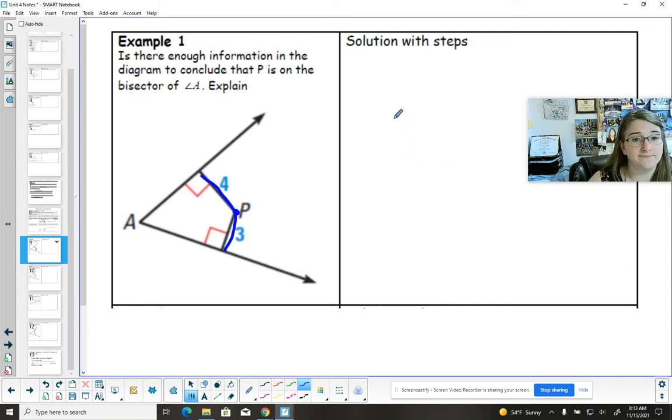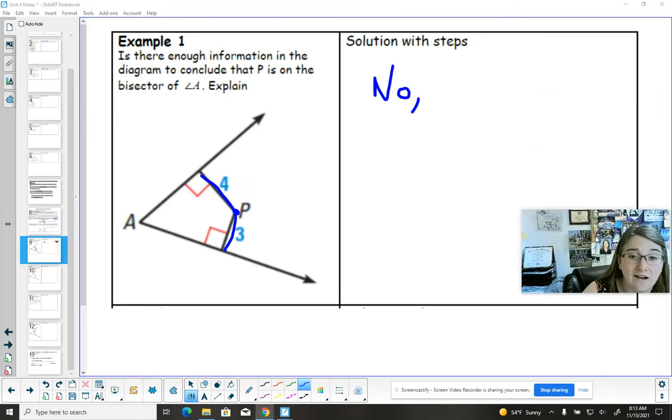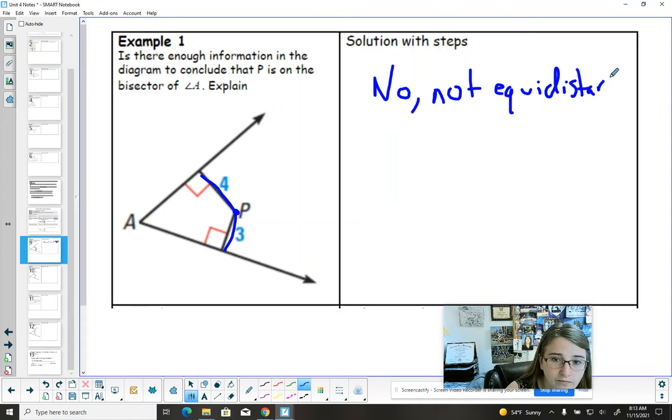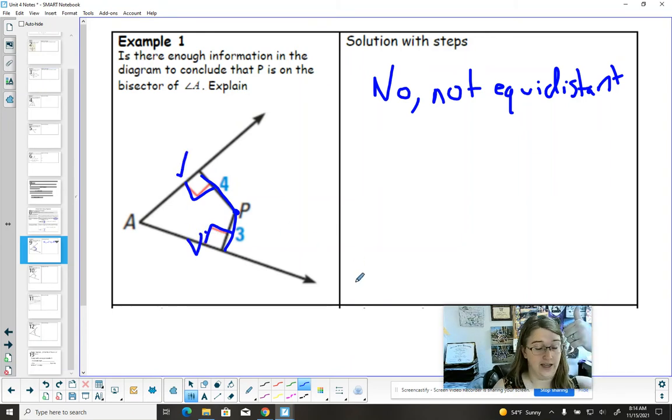Are those equal distances? No. So if I were to draw the angle bisector, P would not lie on it. We do not have what we called equidistant. I do have the right angles, which is good, and we need right angles to be called equidistant, but the fact that this is 4 and 3, definitely not. We need both those things.